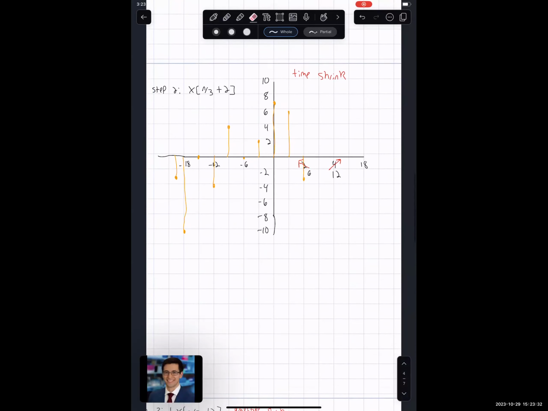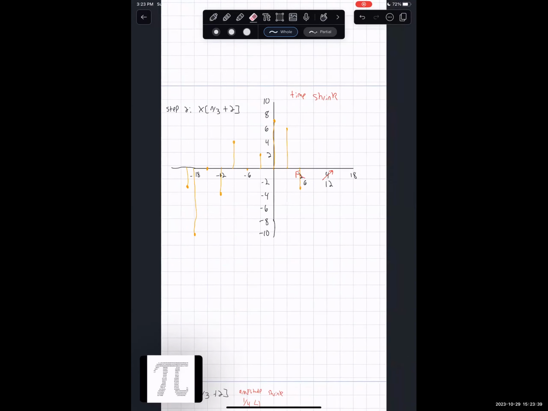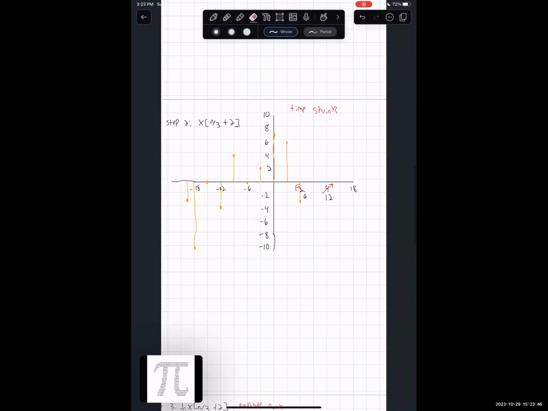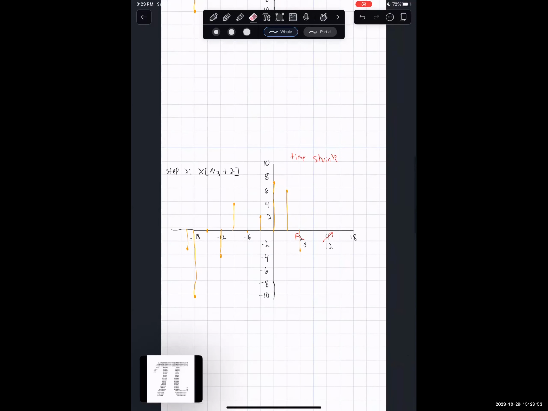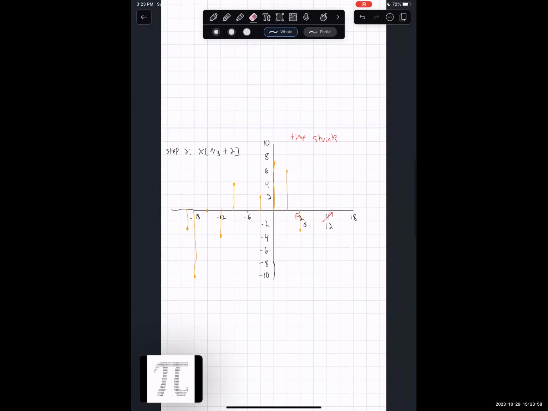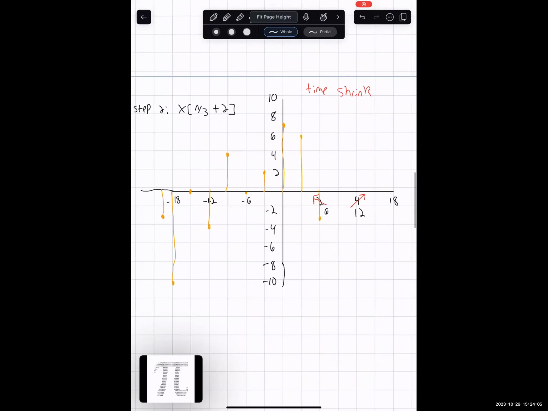What do you think it should be for which point? Wait, hold up. Did I do something wrong? We have 1. Okay, hold up. So x plus, you have 4, 1, yeah, it should be 1, not 2. For which part are you looking at? For step 2, where n equals minus 3. Can you go up to step 1 then?